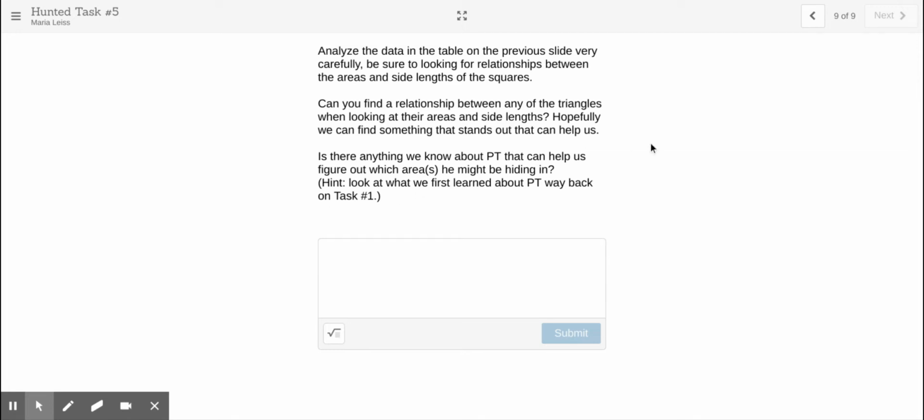Now, to save some time, in class we actually went back and looked at task 1 and read the clues we learned about PT. One of the clues that was the most significant and a lot of students were able to recognize was that he has some notable markings. He has tattoos on both of his wrists, and those tattoos read, "Only if the angle is right."